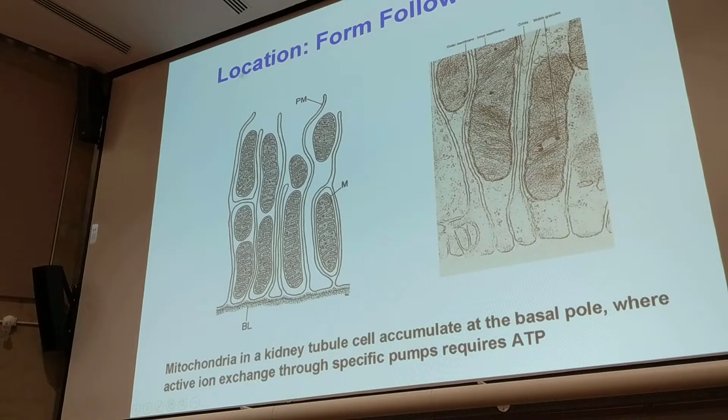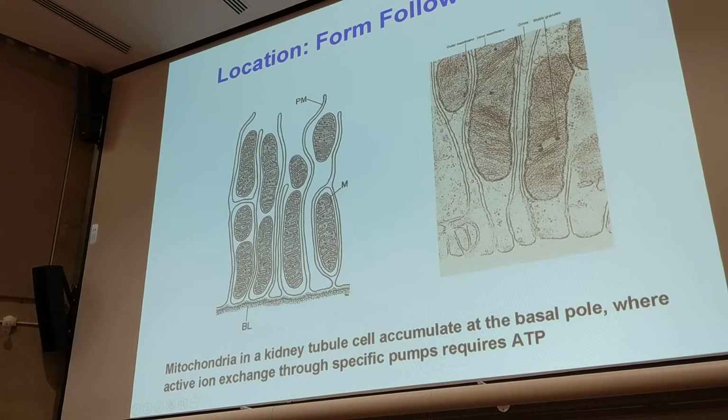And again, whenever you see lots of mitochondria, that means that there is a lot of energy involved in the form of ATP utilization. For example, this is mitochondria in a kidney tubule cell that accumulates at the base of the wall, where active ion exchange through specific pumps requires ATP.